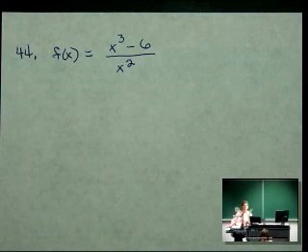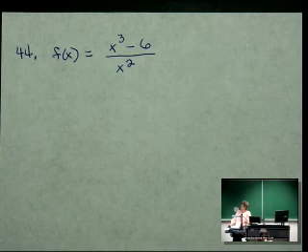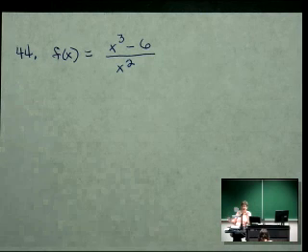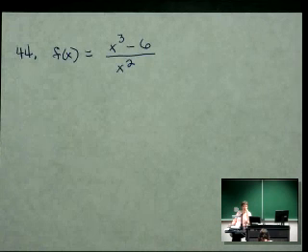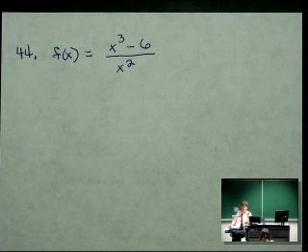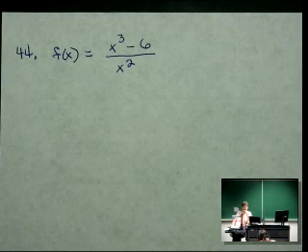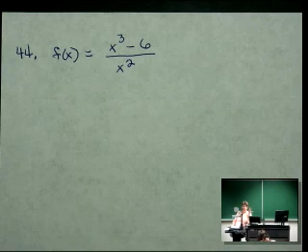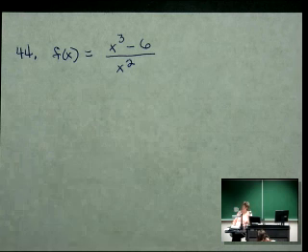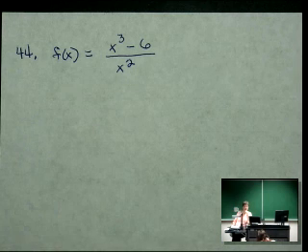Other than memorizing the derivative of sine and cosine and e to the x, other than those 3 things we have memorized, we really only have one rule, and that's the power rule. Does the power rule apply to this problem? Is it just a constant times x to a power? No. Can I figure out how to write it so that it's a constant times x to a power?